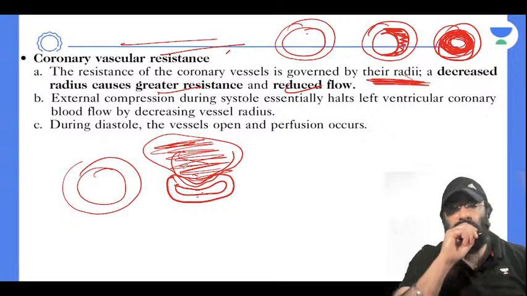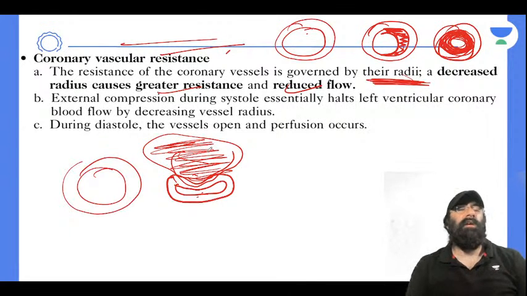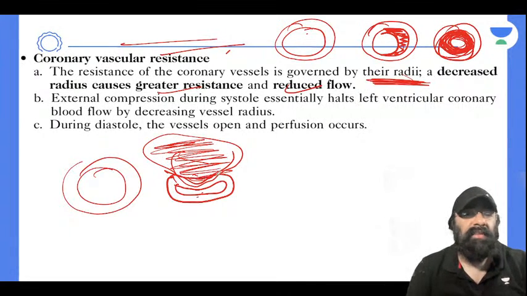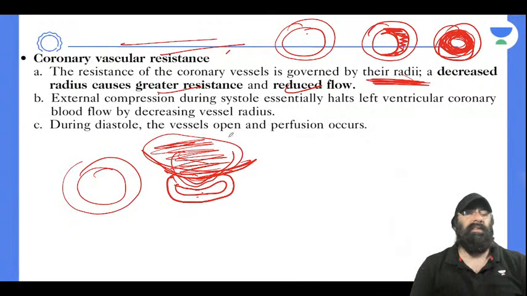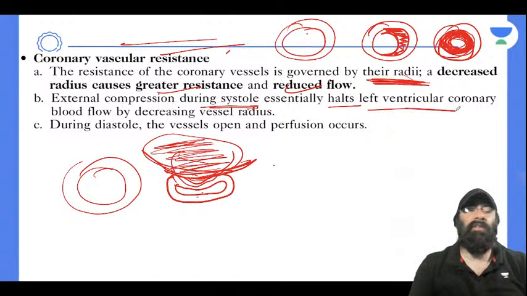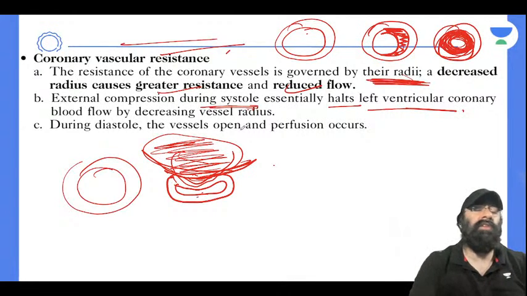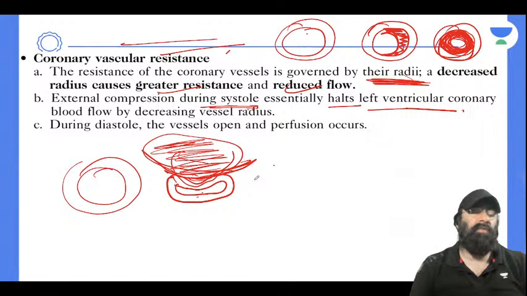Okay? So external compression can be because of systole of the heart. In the left ventricle, coronary blood flow is reduced during systole because of this external compression.